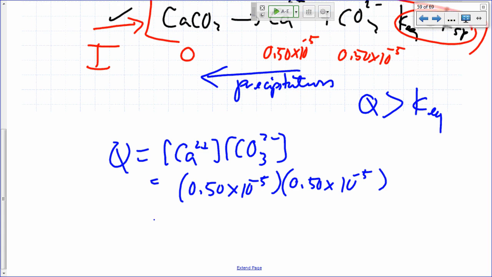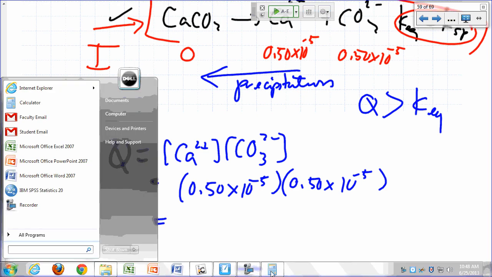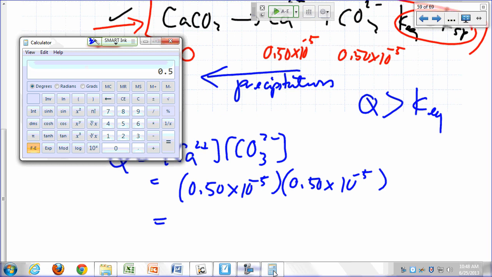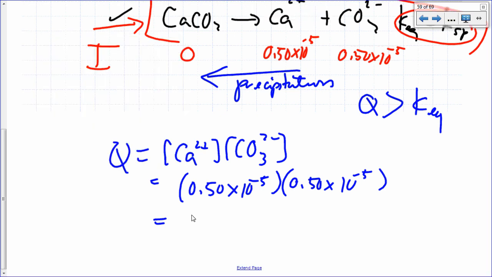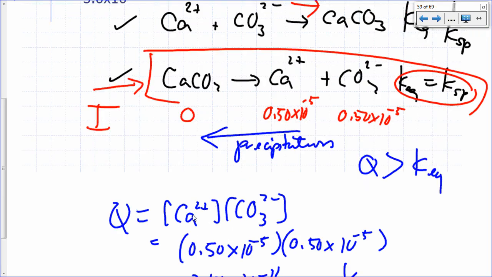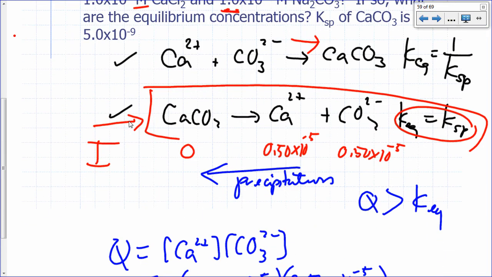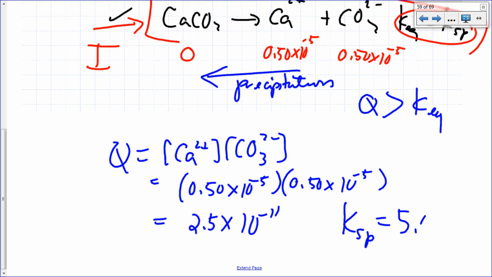Multiplying, 0.5 times 10 to the negative fifth, squared, is 2.5 times 10 to the negative 11. Compare that to KSP, which is our KEQ. What's KSP here? 5.0 times 10 to the negative 9.